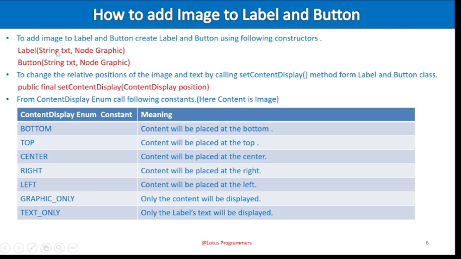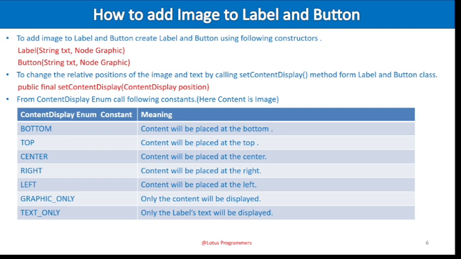The first argument is text, and the second is a node graphic. The node graphic specifies the image object. The hierarchical superclass of image is the Node class, so if you pass the image object directly here, the image is automatically displayed on the label.